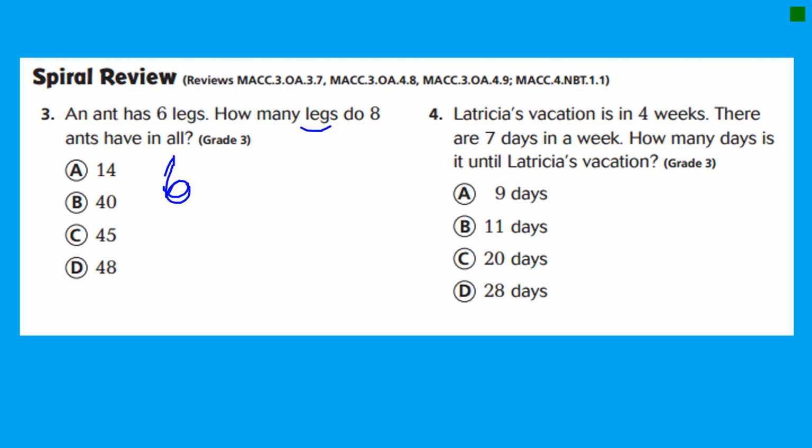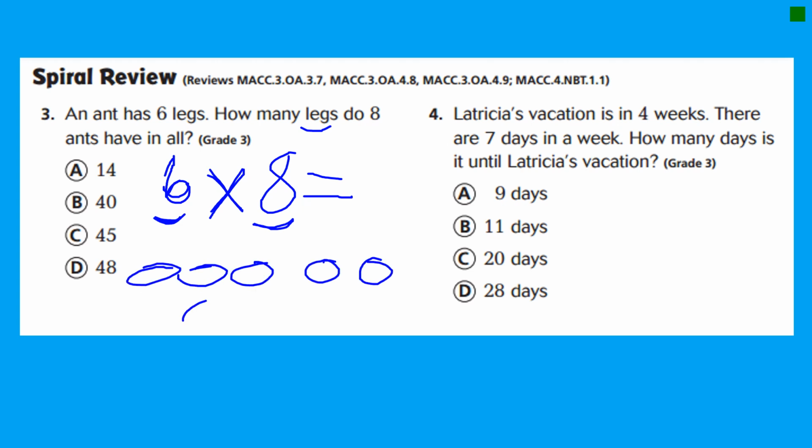Oh, okay, so 8 sets of 6 legs, right? 8 ants, 1, 2, 3, 4, 5, 6, 7, 8.